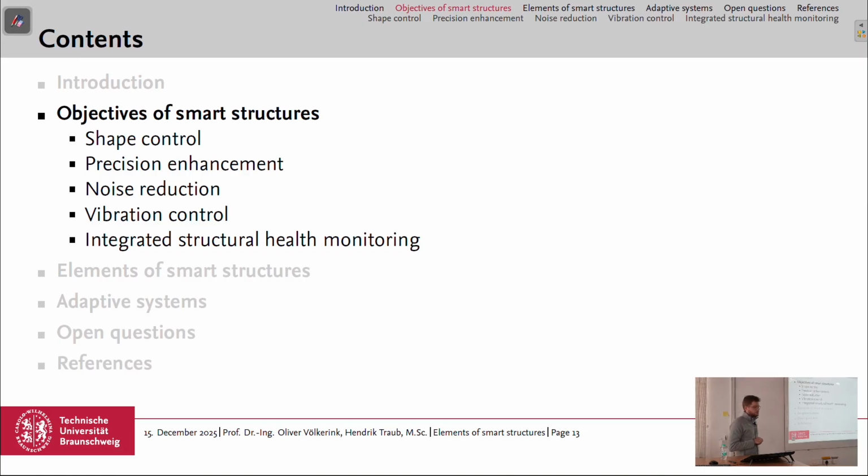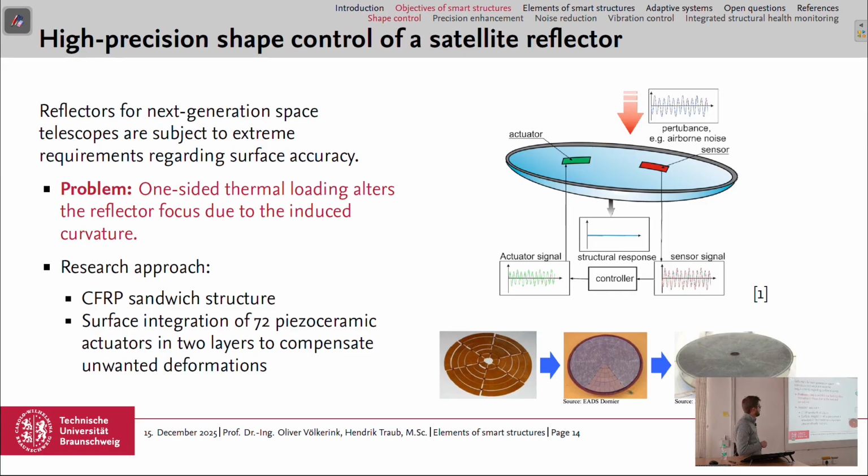So now we come to the smart structures themselves. And first we look at shape control. The example I've brought is the high precision shape control of a satellite reflector.